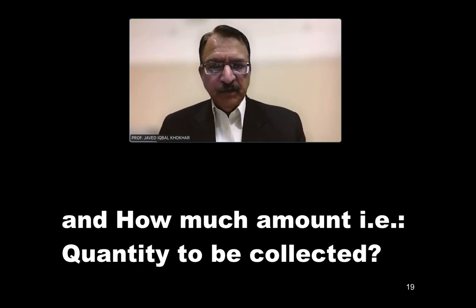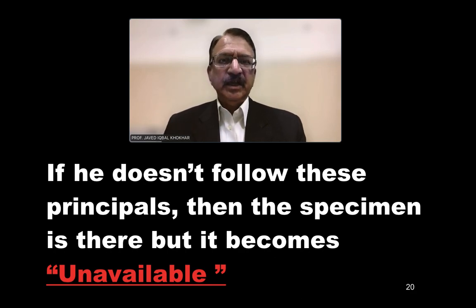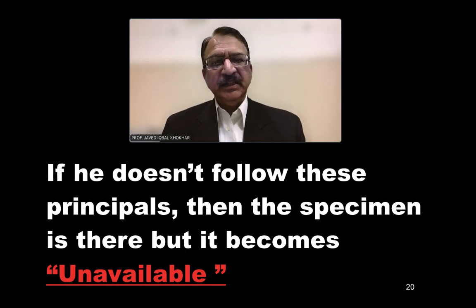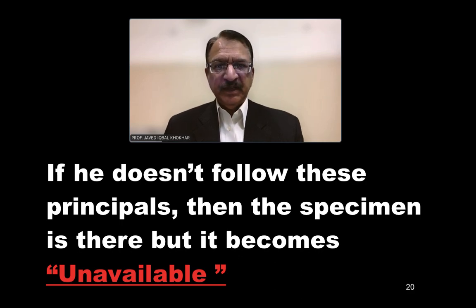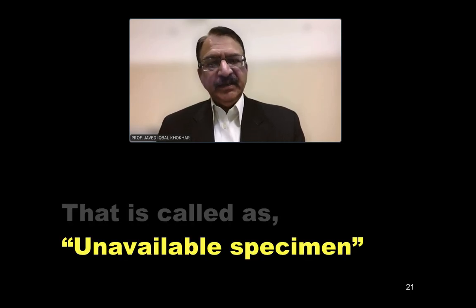These are the basic principles for collection, and if the collector doesn't follow these principles, then that specimen practically becomes unavailable. The specimen is there, the bottle or the container containing the specimen is there, but it becomes unavailable. And that's why it is called an unavailable specimen.